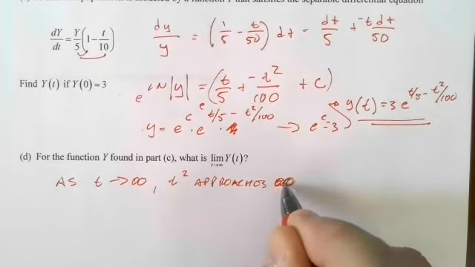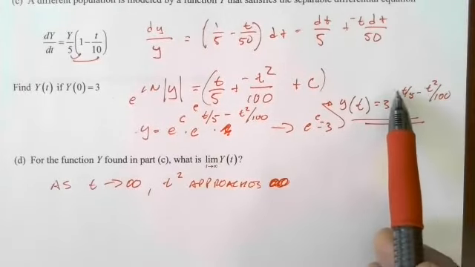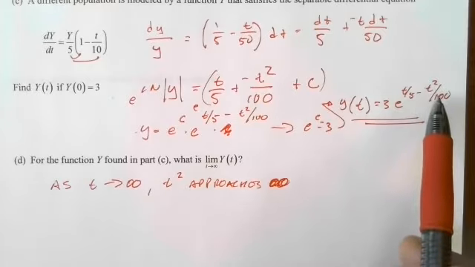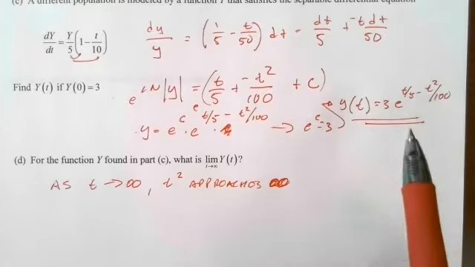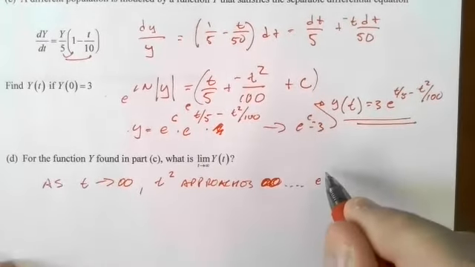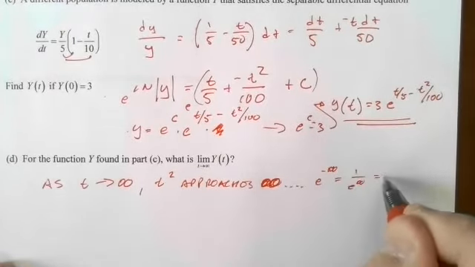Going back up here, the t squared is going to dominate, so the negative is going to dominate. So we're going to get e to a negative massive number, which means 0. It becomes e to the negative infinity, 1 over e to the infinity, 0.